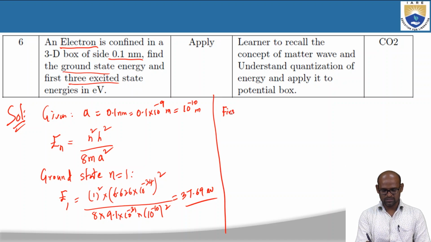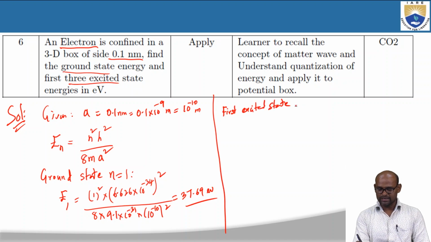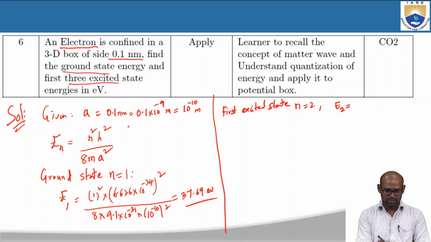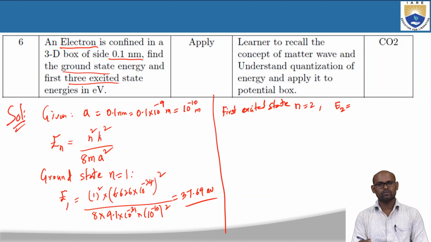Okay. So once we get the ground state energy, we can calculate E2, that is the first excited state, that is n is equal to 2. So we can write E2 as n square into the same. This h square by 8 m a square is the same for E1, E2, E3, E4, and so forth. So the only change will be n square.